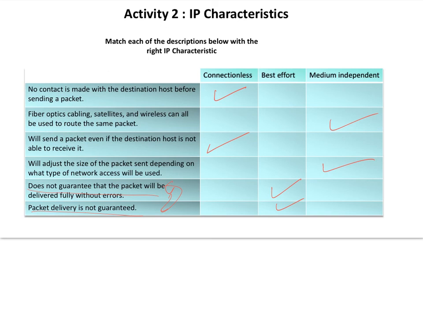Remember, we talked about protocol suite. We said that protocol suite is a group of interrelated protocols that work hand in hand, so they complement each other. So just the fact that IP is best effort, it doesn't mean that the packet will be lost forever, because we still have the chance in the transport layer to compensate for that.